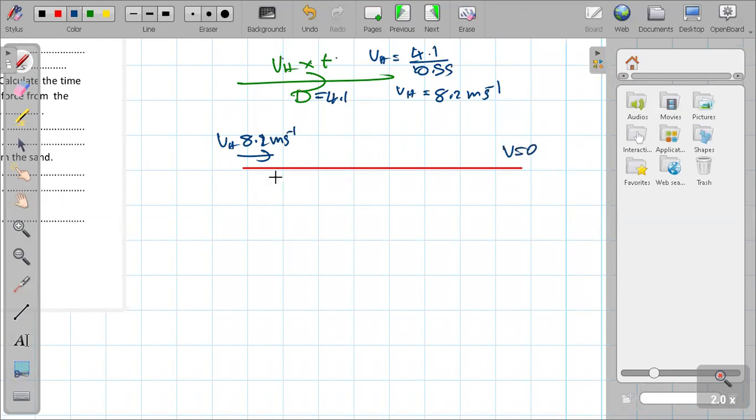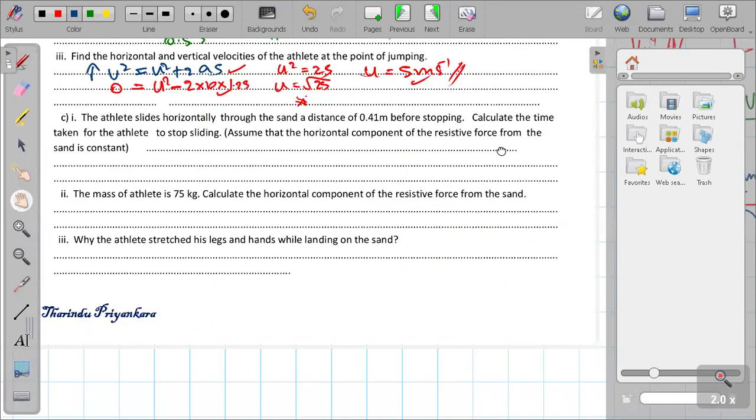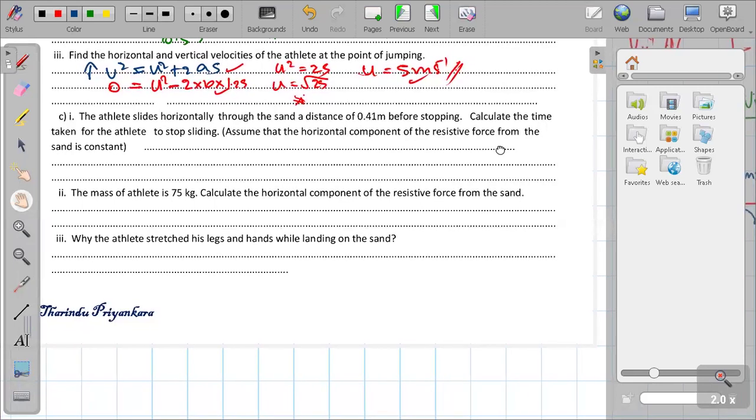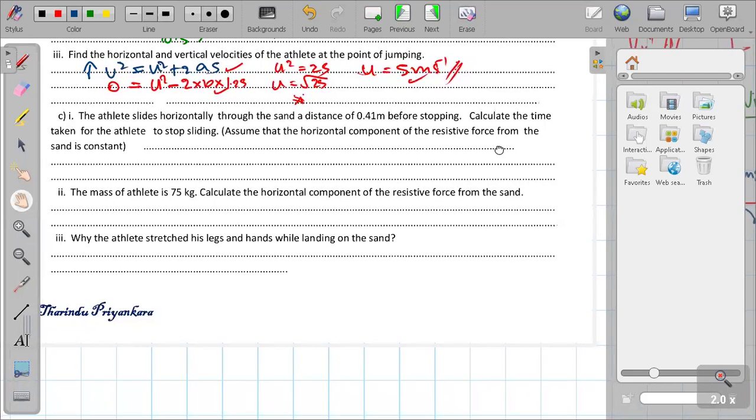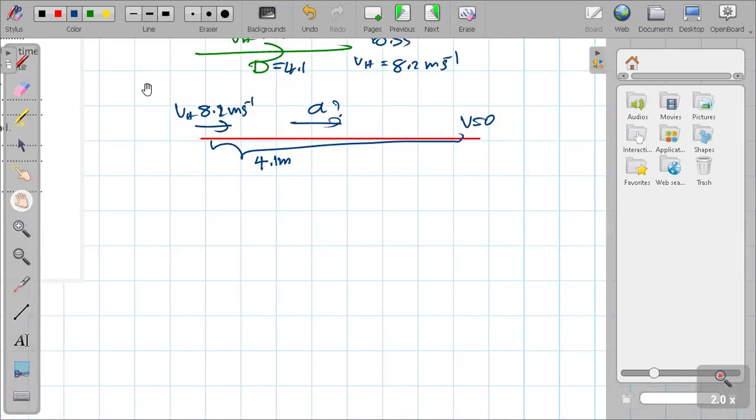Finally, he stops and he slides for 4.1. If we don't know the acceleration, what do they say? Calculate the time taken for athlete to stop sliding. Without acceleration, you can do. How?